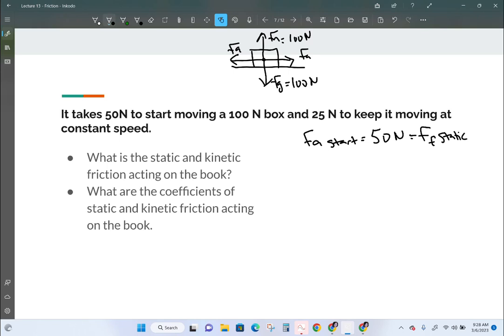So to find the first one, I'm just going to use FF equals mu Fn, and mu is just going to be 50 newtons divided by 100 newtons, which is 0.5. So no units on that.